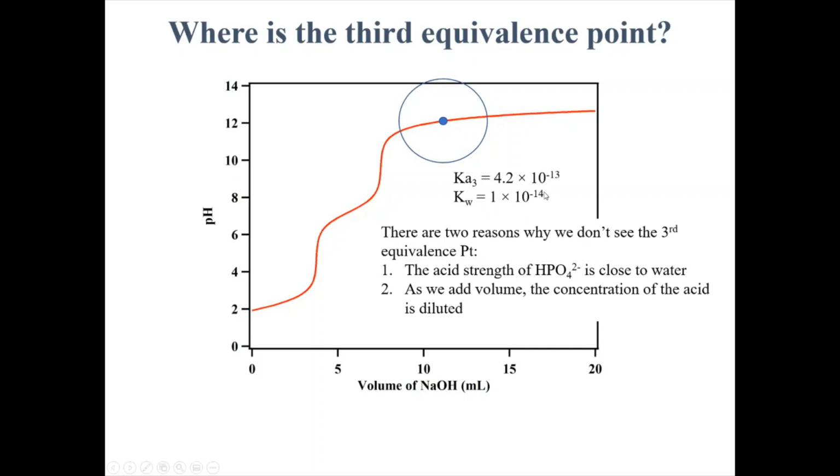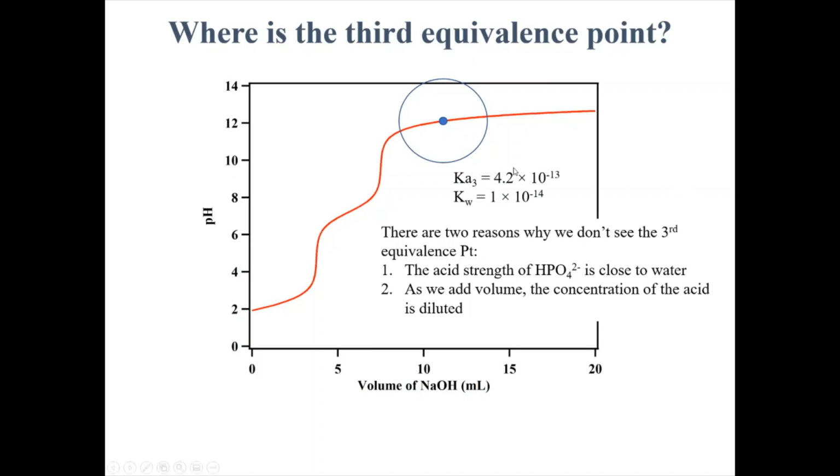Now, if you remember back in chapter 15, the requirement for something to be an acid is that it has to have a Ka that's greater than Kw, right? So its Ka has to be greater than Kw in order for it to be an acid.